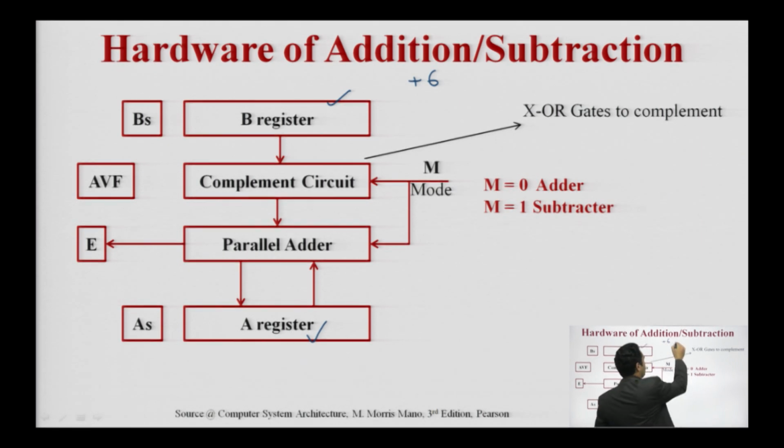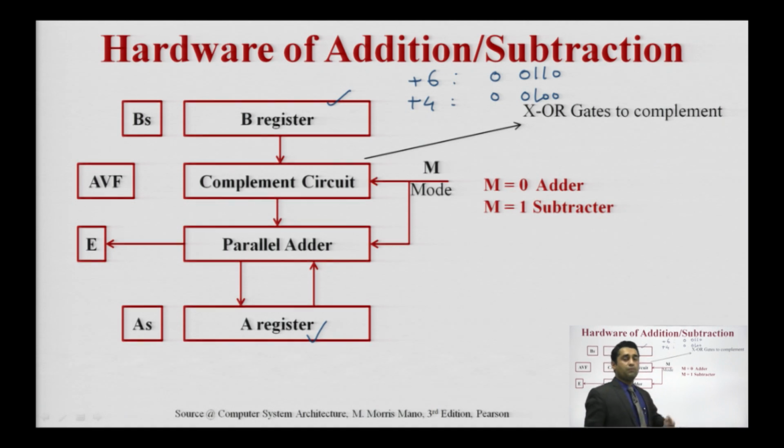The binary representation of plus 6 in signed magnitude representation: the sign bit is 0 and the magnitude part is this. Another number, say plus 4, where 0 represents the plus and the next part is its binary representation.